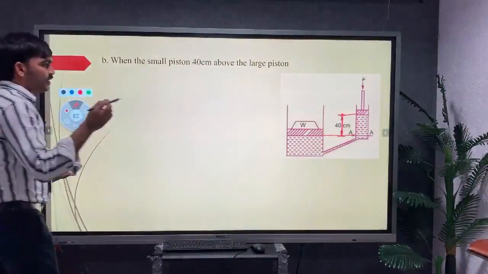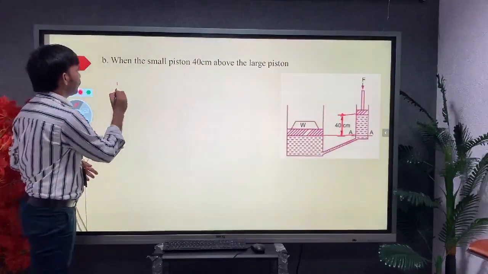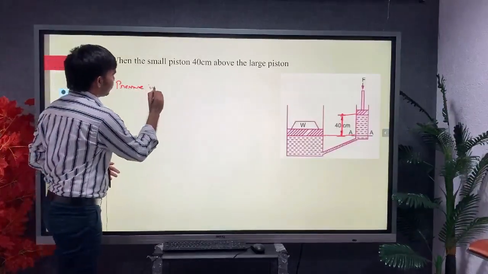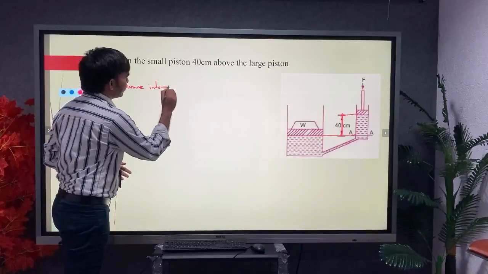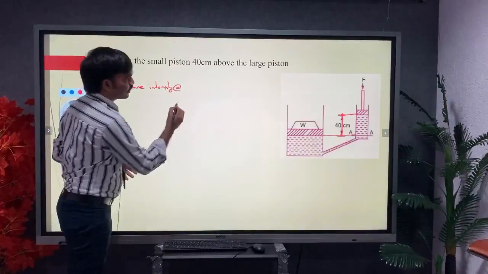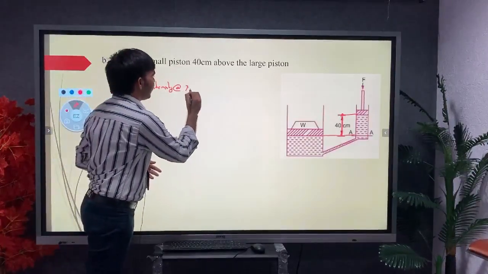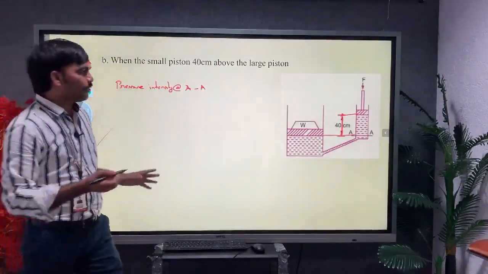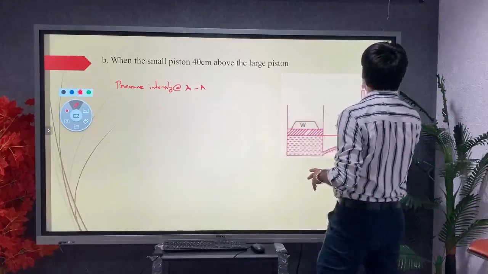Now again we will do the same thing. So what is the pressure intensity at level AA? When 80 newtons is applied, again the pressure applied is the same, right?